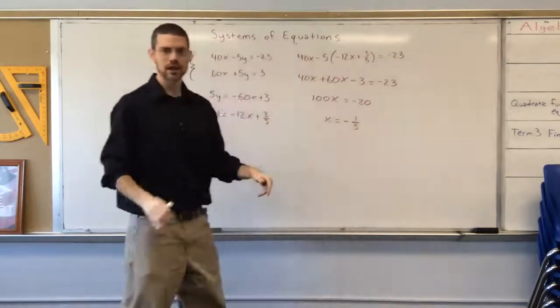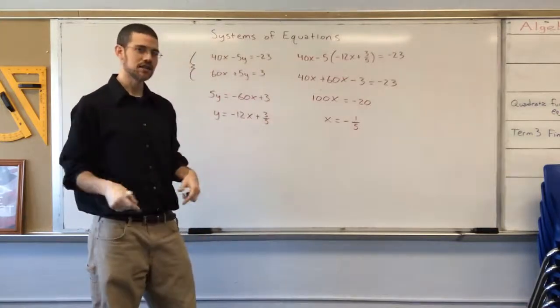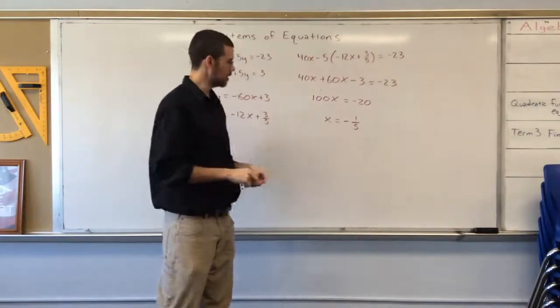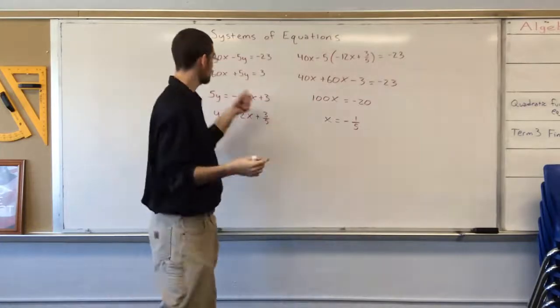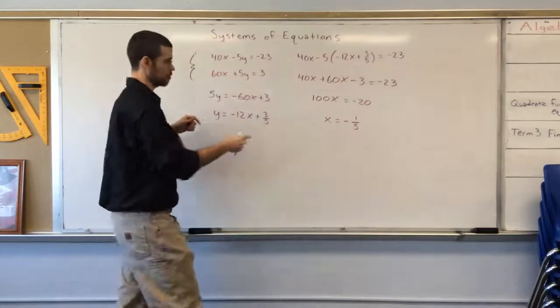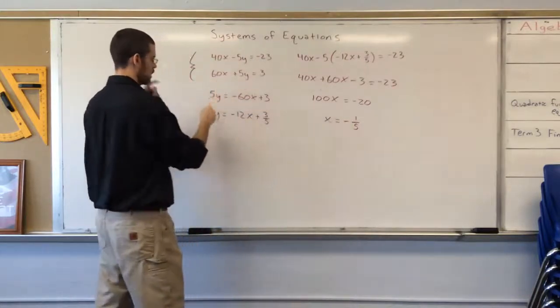So that wasn't too bad. It's a fraction, it's negative. It's not a nice, neat integer, but there it is. X should equal negative 1/5, and we'll use that to see what y equals. We'll substitute negative 1/5 for x here and see what happens.